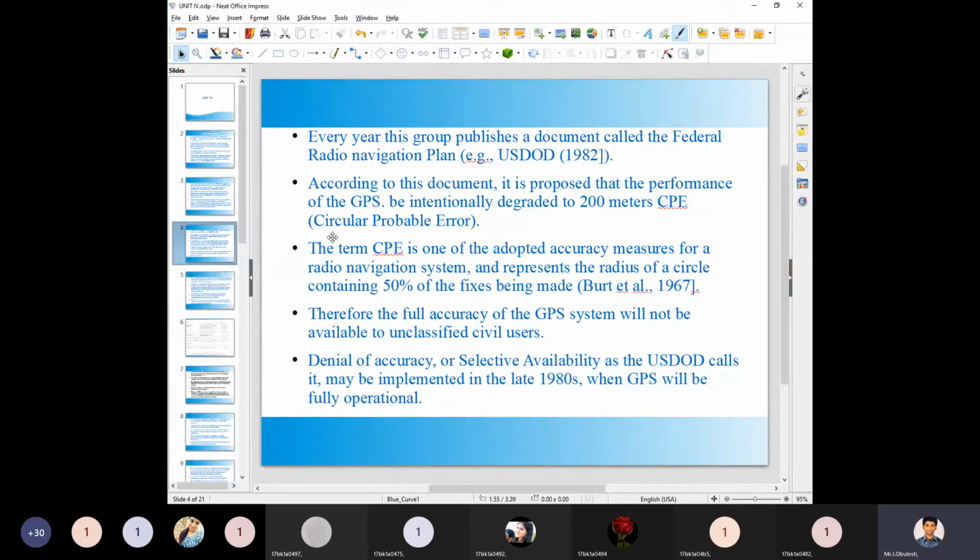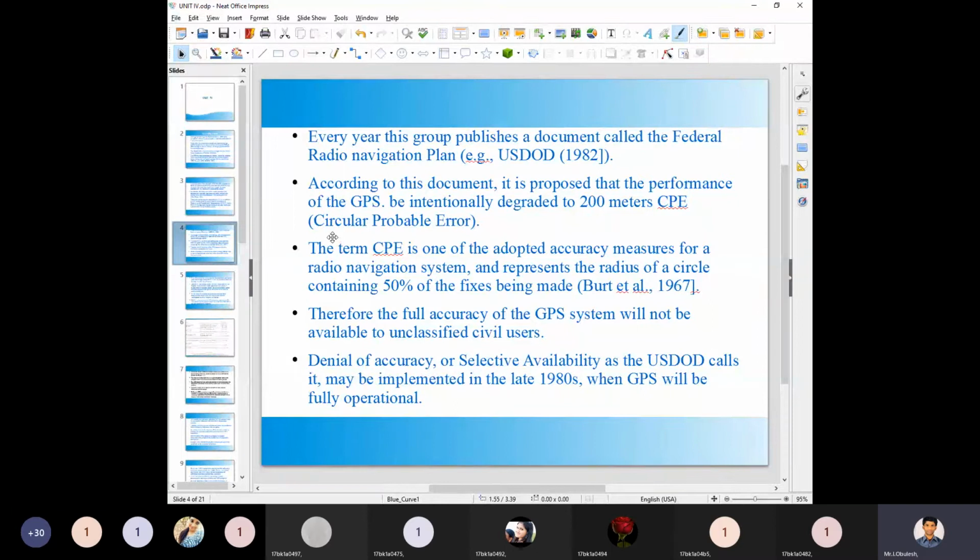So this is the denial of accuracy, or what you need to call selective availability, as the United States Department of Defense calls it.